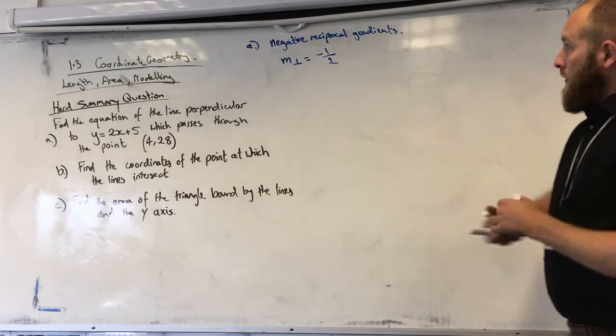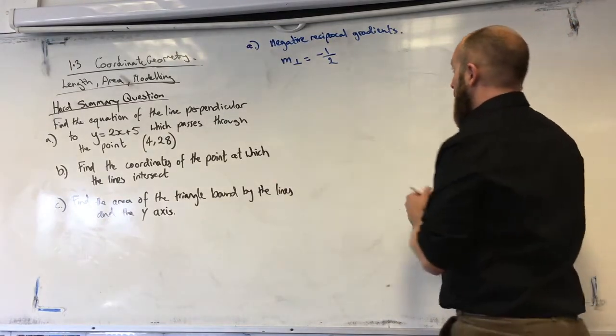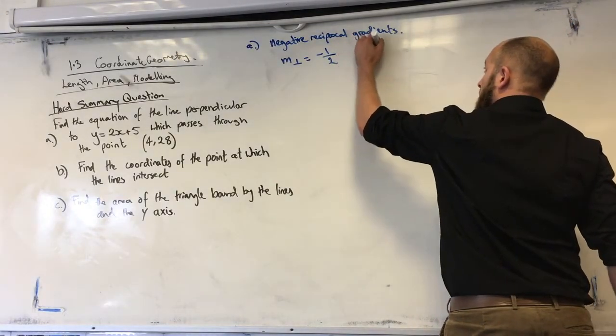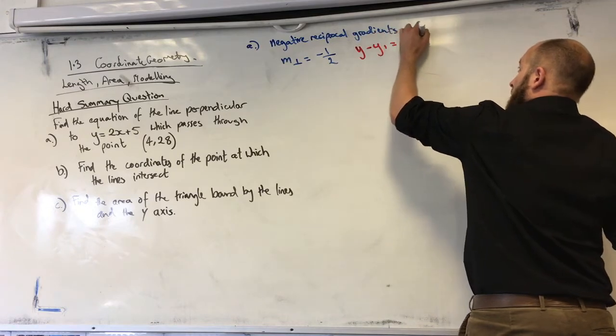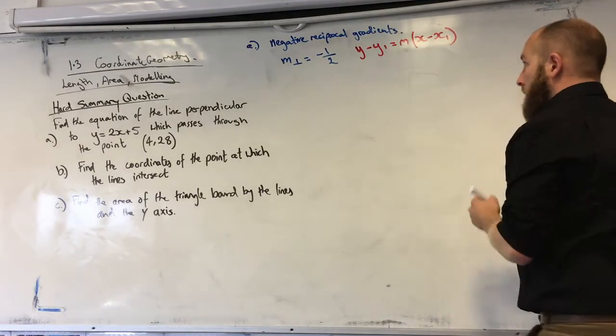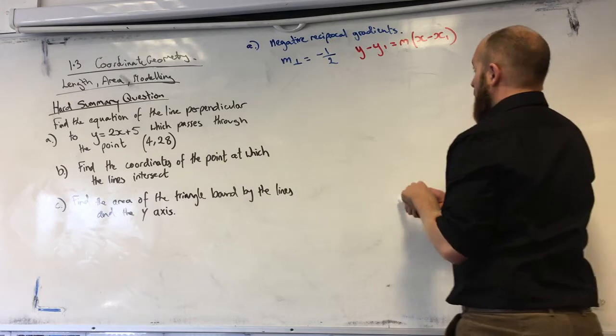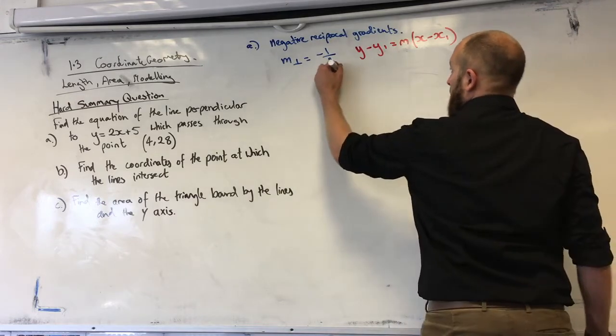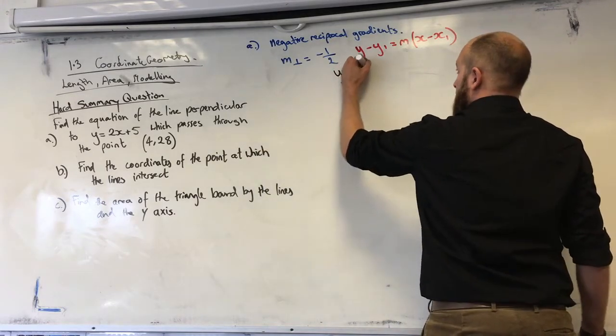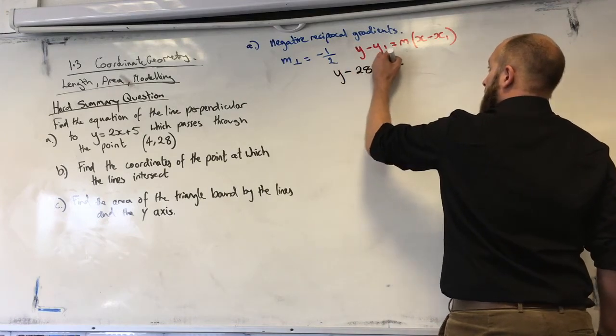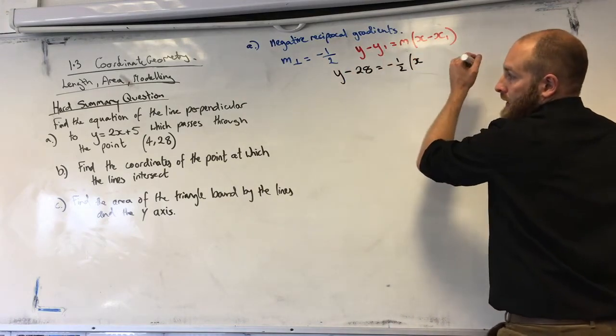We've got the gradient, we've got the point, so let's put them into the line equation. Remember, y minus y1 equals m(x minus x1). So if you put all that together, we get y minus 28 equals minus a half (x minus 4).